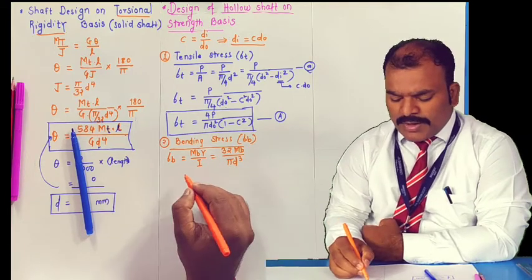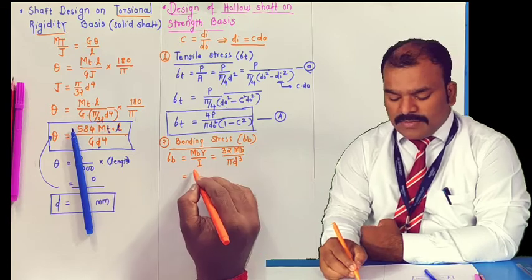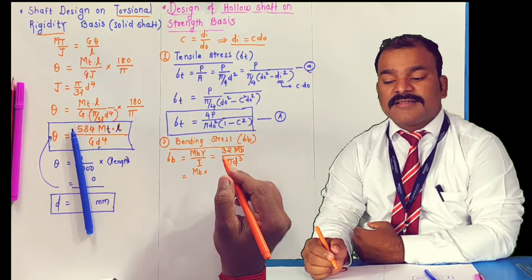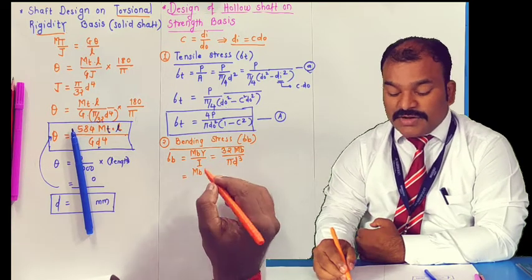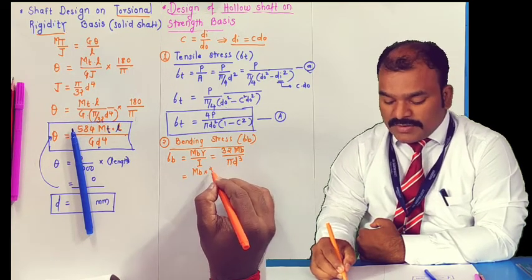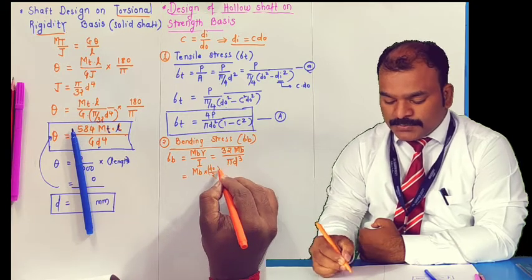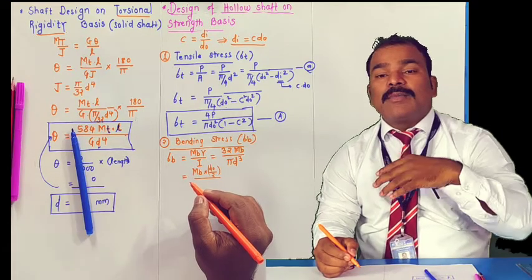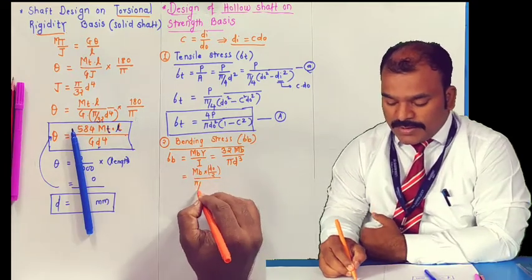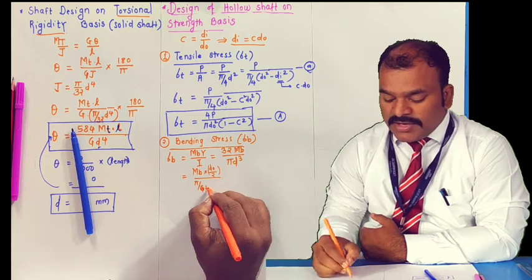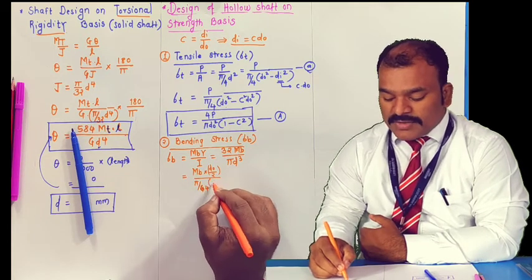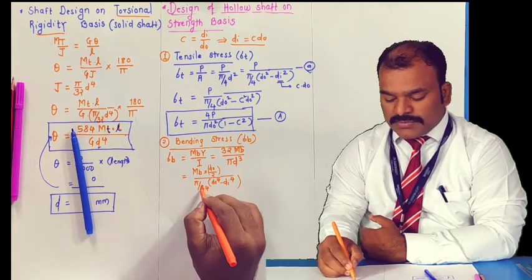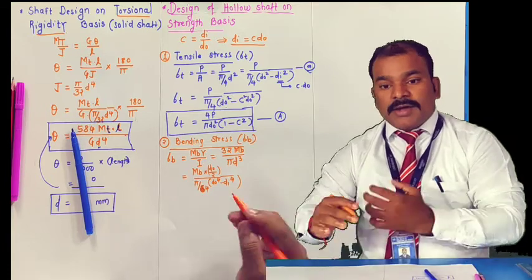So one by one: Mb is the bending moment, and y is the neutral axis distance, which is related to the outer diameter, that is do by 2, divided by I, which is the moment of inertia for a circular cross section, pi by 64 d raised to 4. Here d raised to 4 means do raised to 4 minus di raised to 4, over 64.